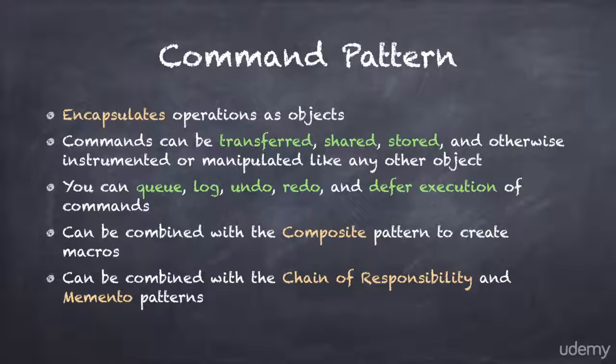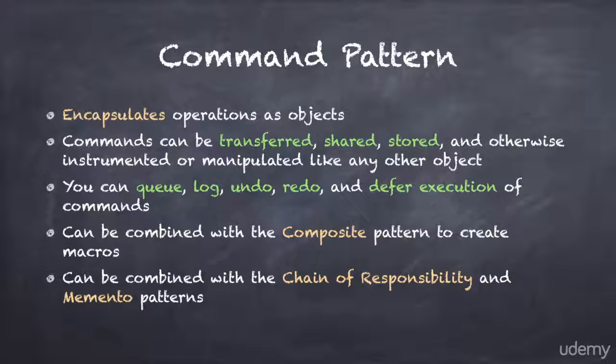The command pattern encapsulates operations as objects, and materializing commands into objects means they can be transferred, shared, stored, and otherwise instrumented or manipulated like any other object. This lets you queue, log, undo, or redo commands and defer execution.